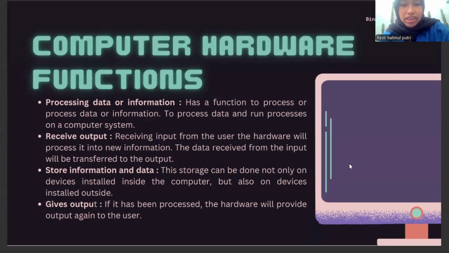Computer hardware function. From the definition of hardware above, there are several functions of the hardware itself. Processing data or information: hardware processes data and information on a computer's processing devices, such as the CPU, RAM, VGA, and others.